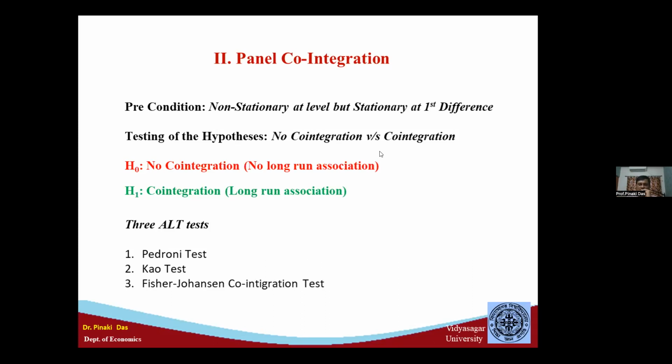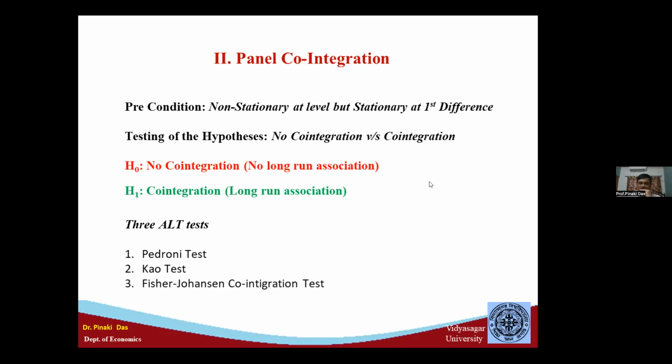That is the precondition. If a particular variable is non-stationary at the level and stationary after making the first difference, then only we can perform the panel co-integration test. In the panel co-integration test, both the dependent and independent variable, or two or more variables that we are interested in, must be integrated at the same order.